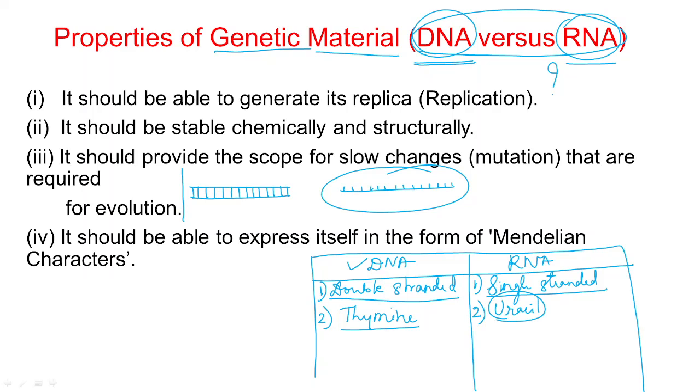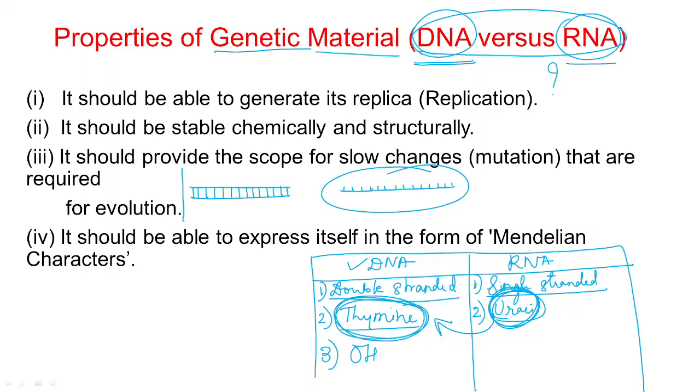But in case of DNA, uracil is modified into thymine, which gives more stability. Is that clear? Uracil is not stable when compared to thymine, but thymine is a stable molecule, right?